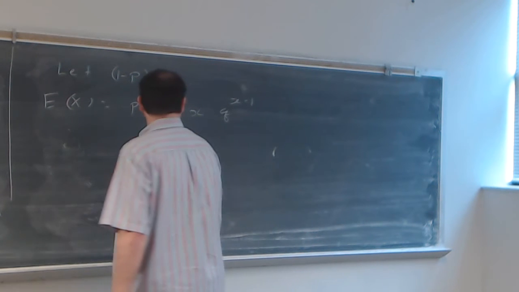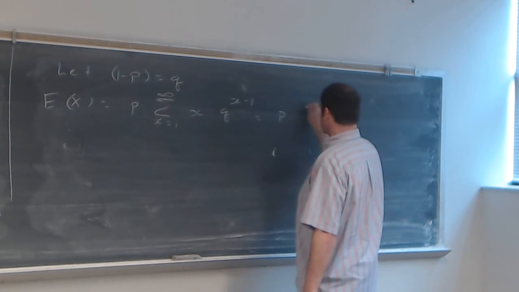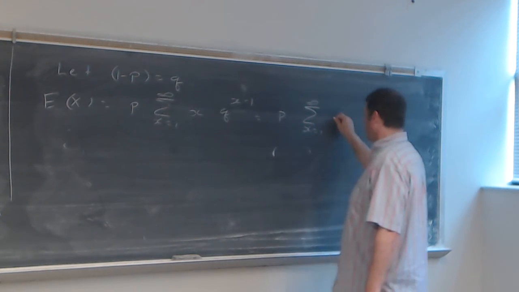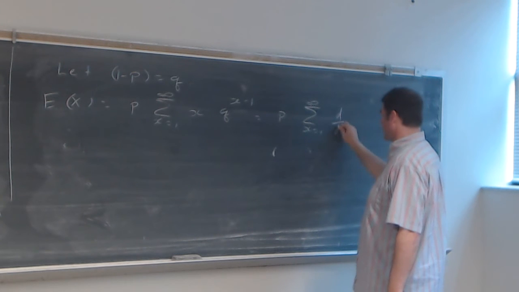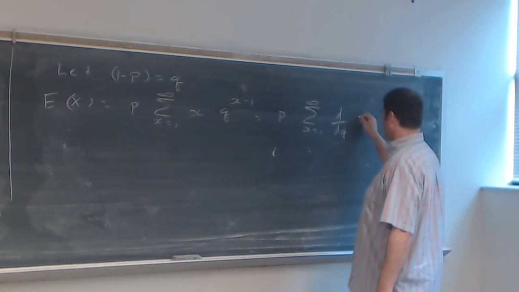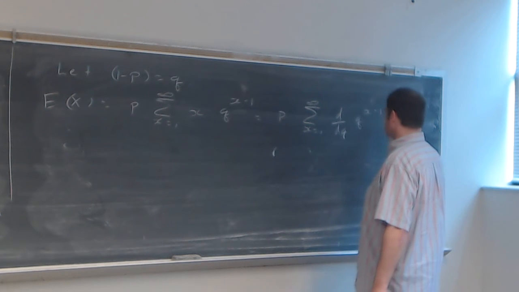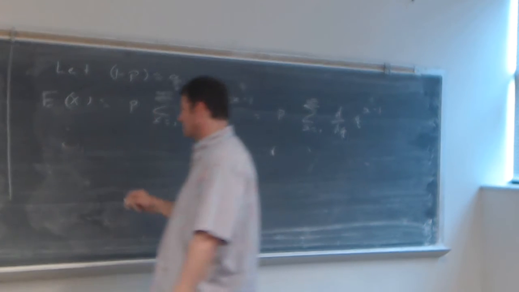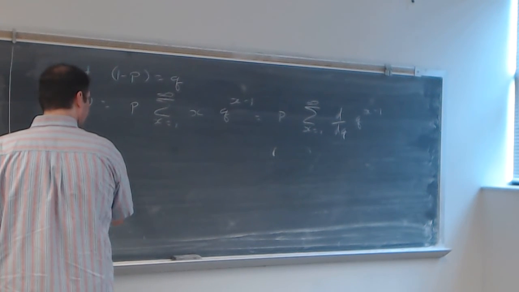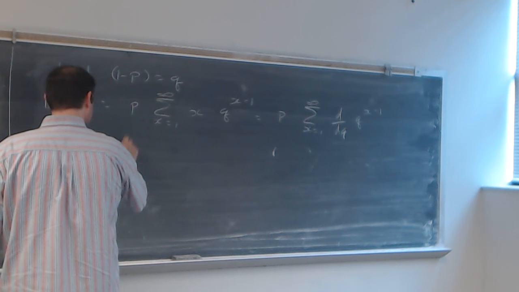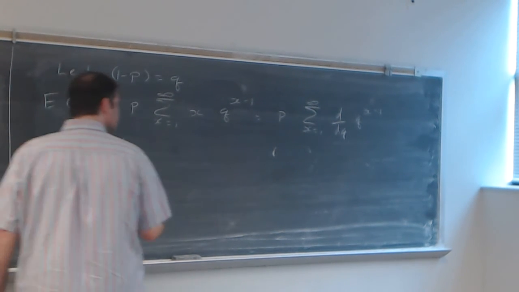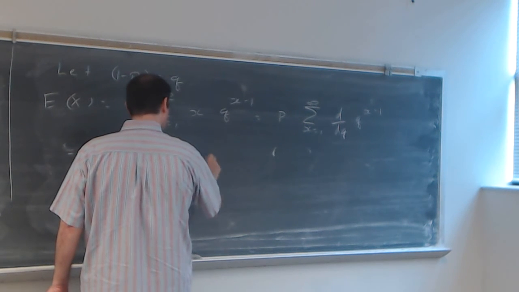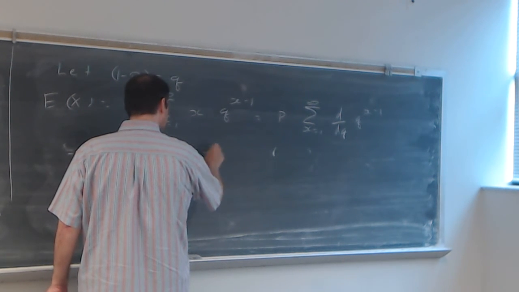And so we'll say, hey, that's really equal to p times the sum as x runs from 1 to infinity of the derivative with respect to q of q to the x. Now, we can pull this derivative outside the sum, and I'm not saying why, but we can. That's p times the derivative with respect to q of the sum, as x runs from 1 to infinity, of q to the x.